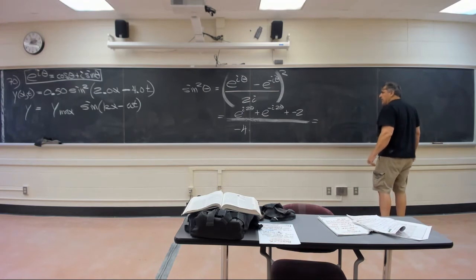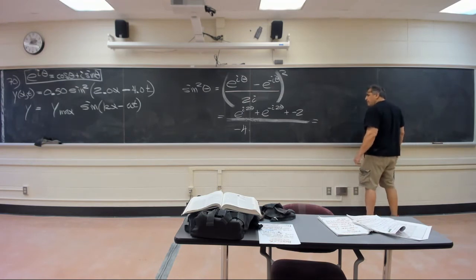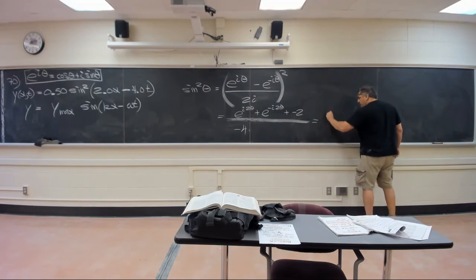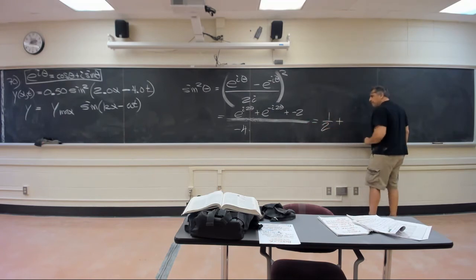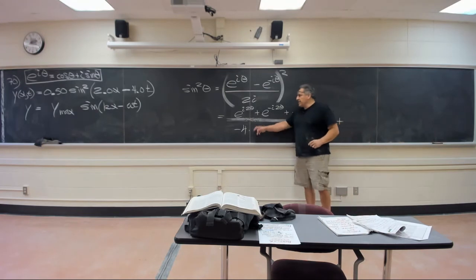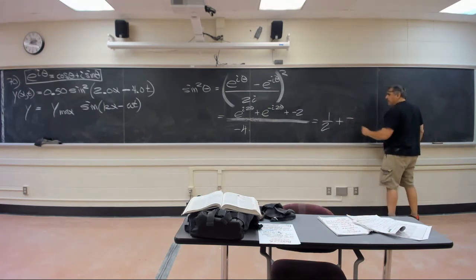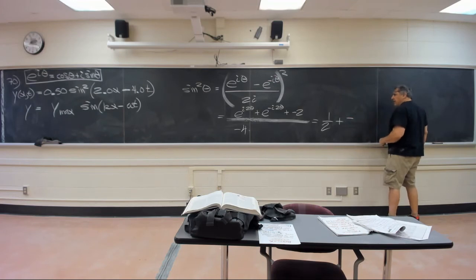That is equal to, a whole bunch of ways you can do this. This right here, negative 2 divided by negative 4 is positive 1/2. This goes into here the same as plus a negative. That goes into there.